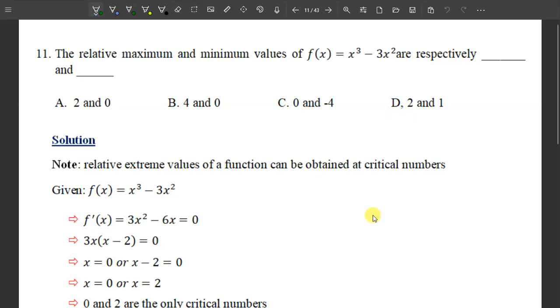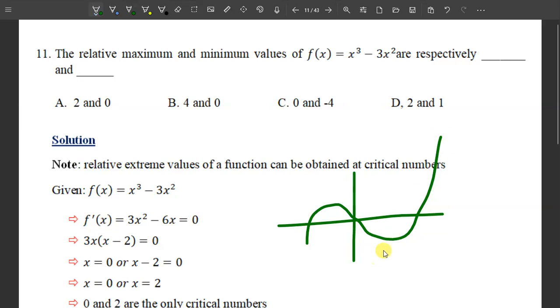What do you mean by relative extremum value? Suppose we have the graph of a certain function, like this one. And let us put here a value b on the x-axis.